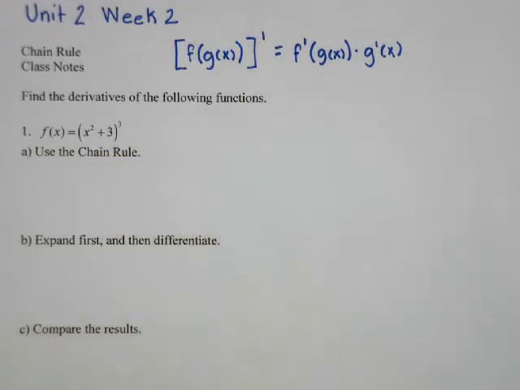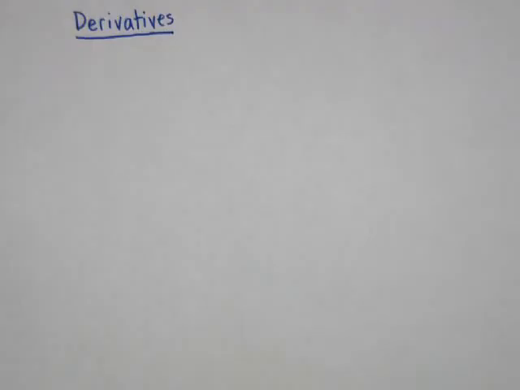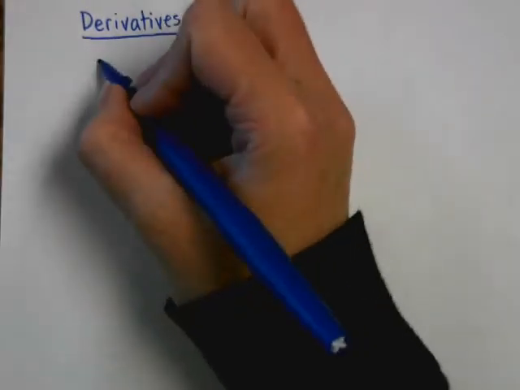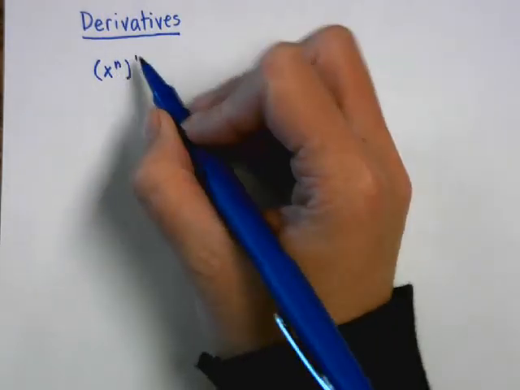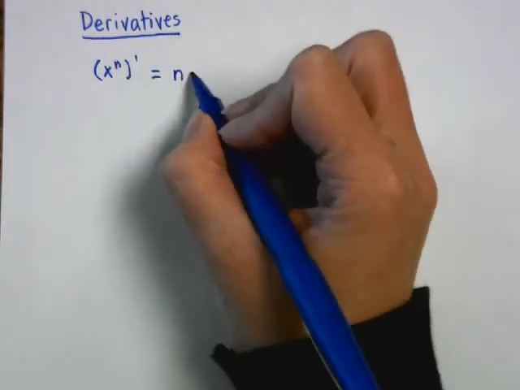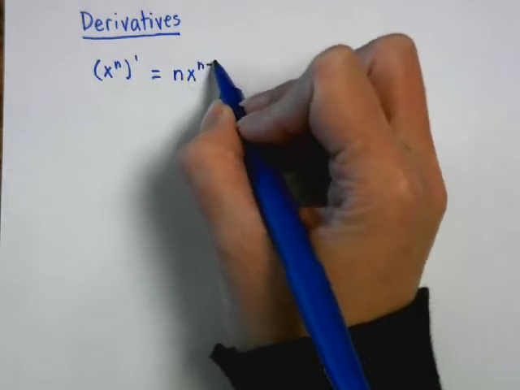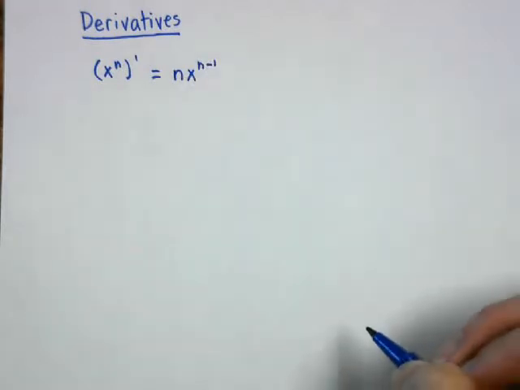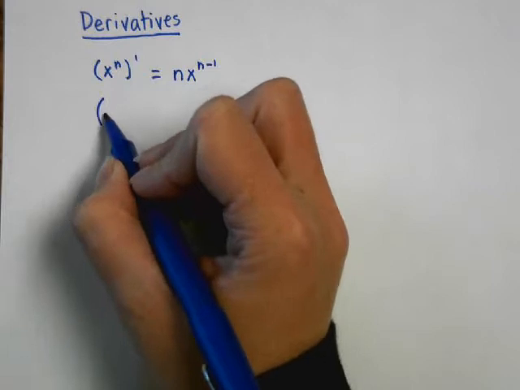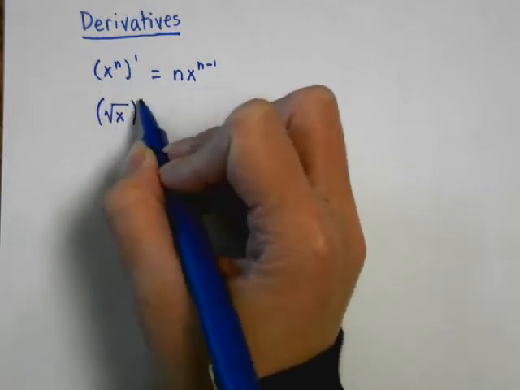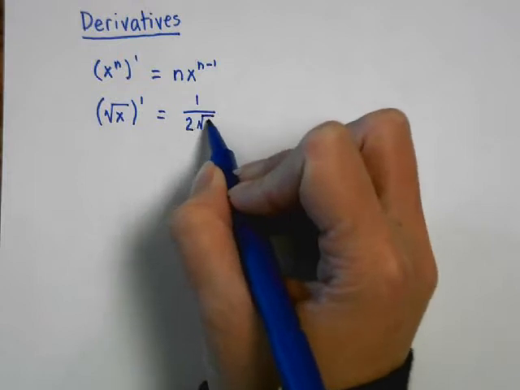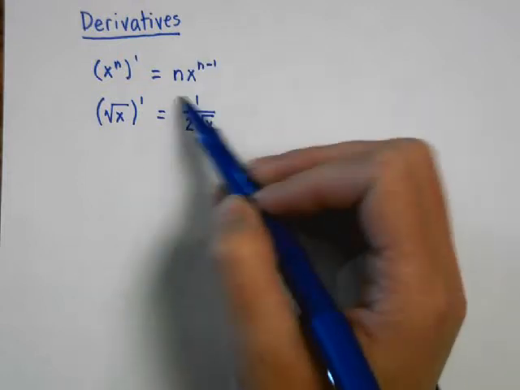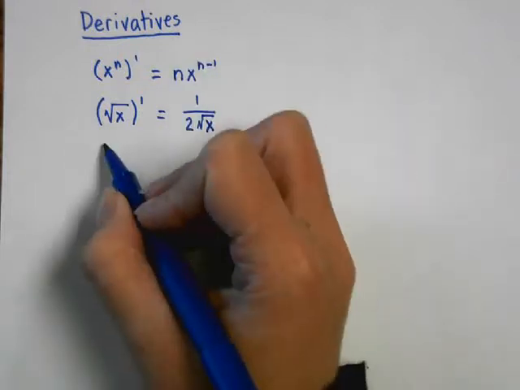Before we do this, let's review the rules that you know so far. At this point, you have the power rule. If you have anything to a specific power, the derivative is nx to the n minus 1. This includes functions like square root, which is 1 over 2 root x, and you can derive that with this, we did already.